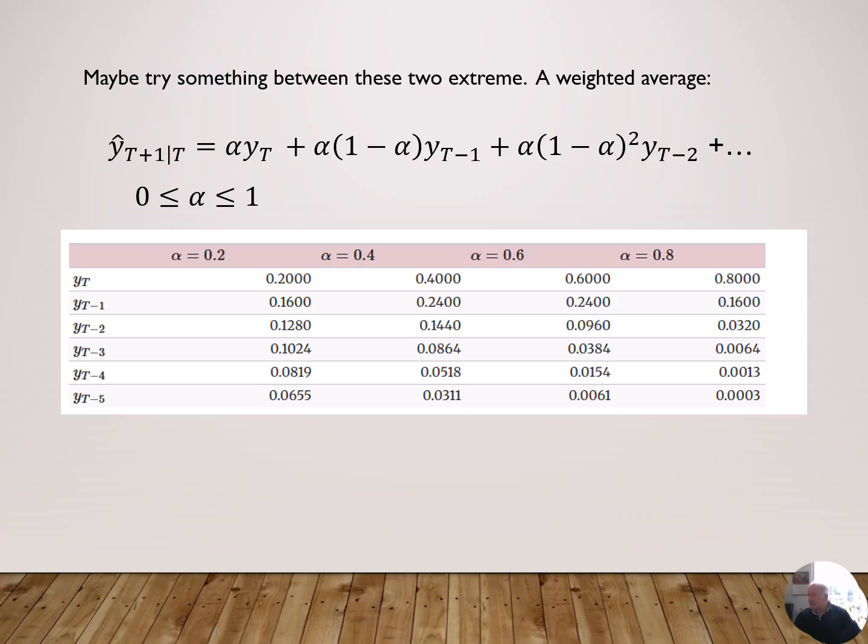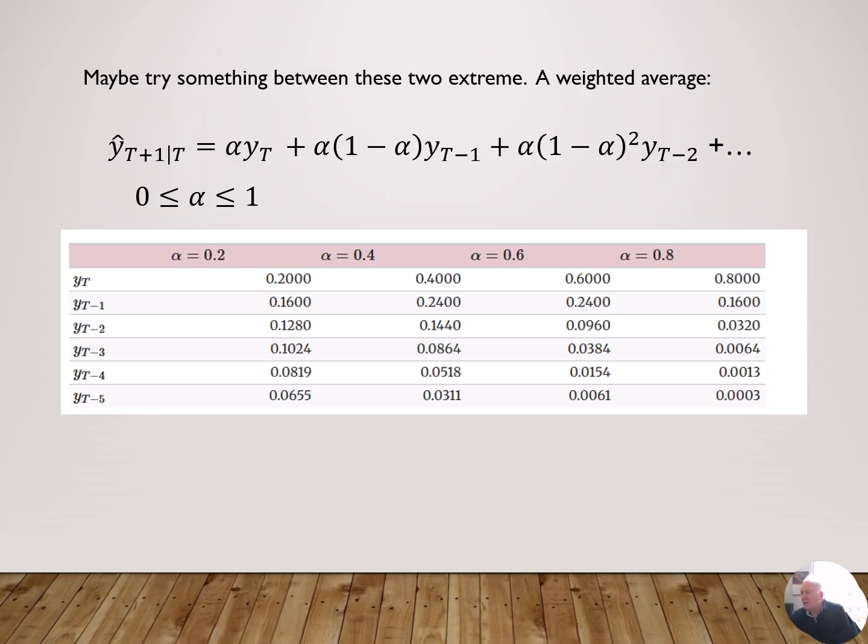So now we'll start to use this exponential weighting. For instance, if we look at alpha equals 0.2, then our first term will be 0.2, and our second term will be 0.2 times (1 minus 0.2), which is 0.8.